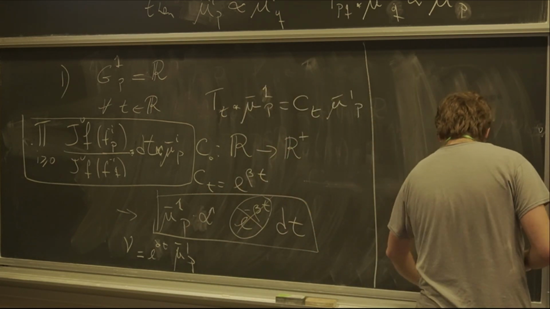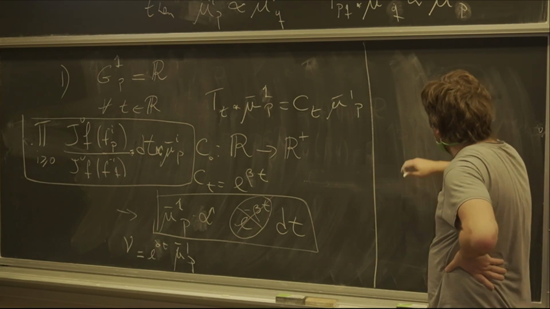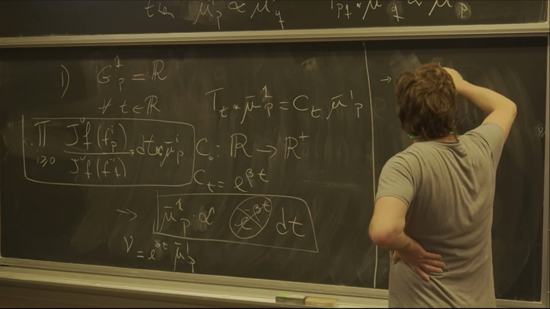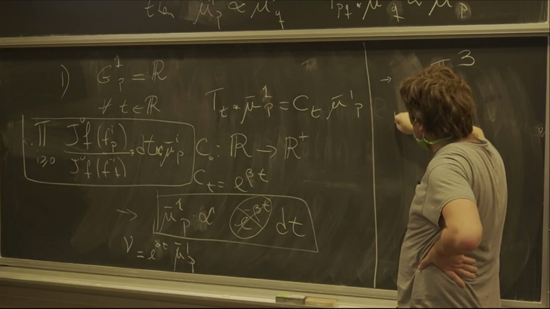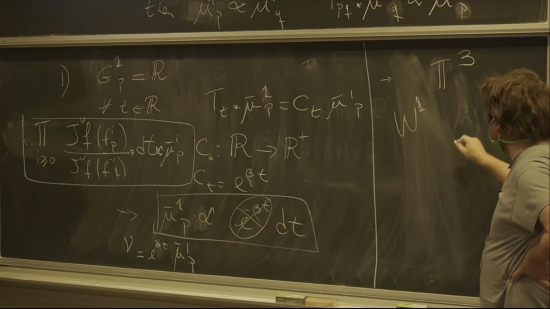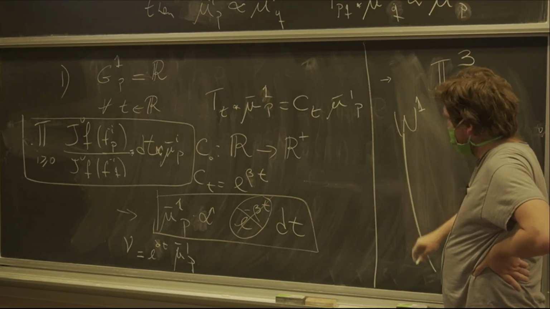And then just to finish, what does that imply? This implies that when I bring things back to the torus T3, I have my W1 foliation and the measure mu, and when I disintegrate the measure mu along the W1 foliation, it is dt.